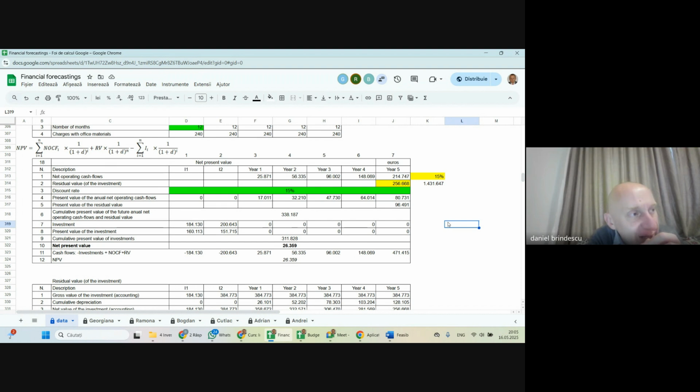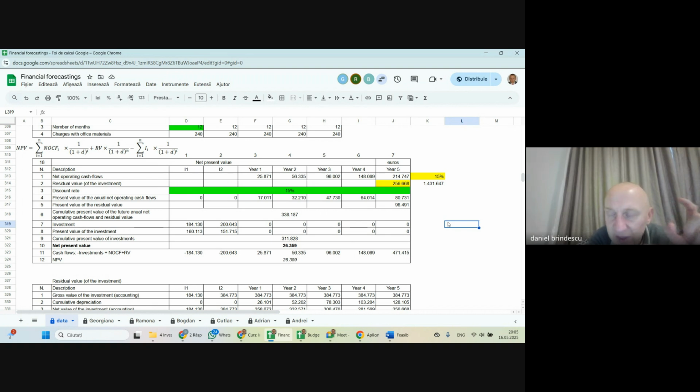We can talk about inflation because if we simply take the rate of return for bonds right now of 7 to 8%, that includes inflation. But on the other hand, in our forecastings, we did not take future inflation into consideration. So this is maybe one error that is being made in practice all the time.